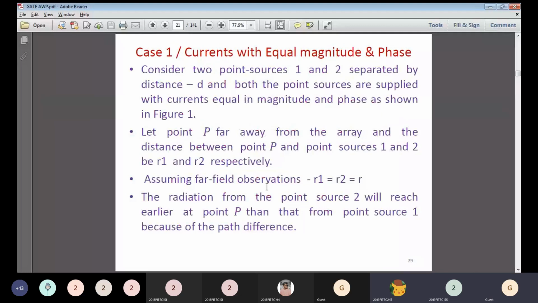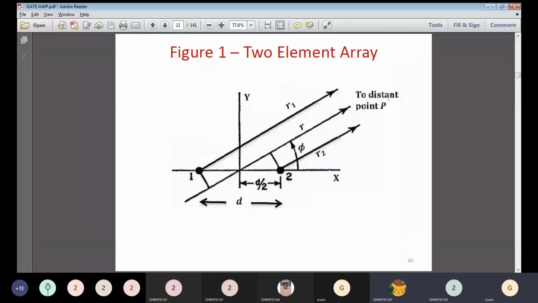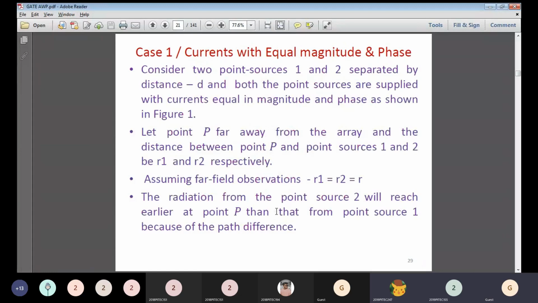Let the distant point P be far away from the array, and the distances between point P and point sources 1 and 2 be R1 and R2 respectively.